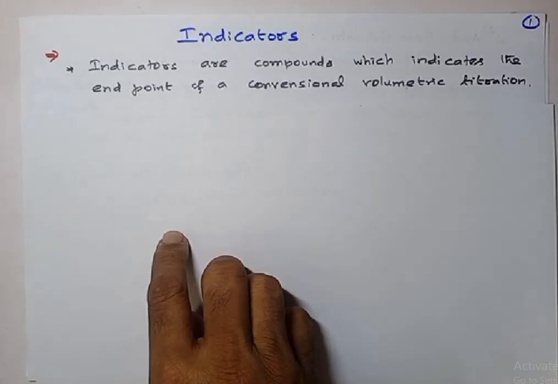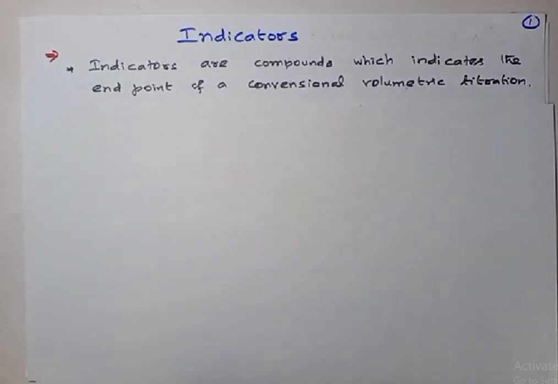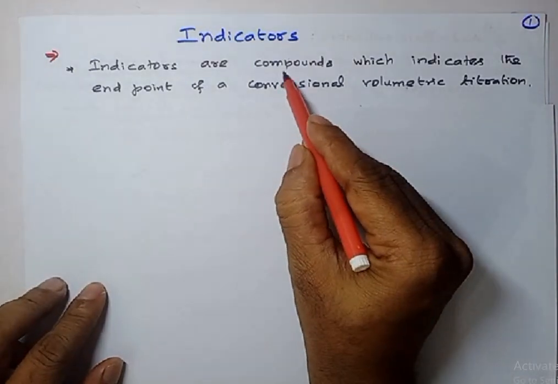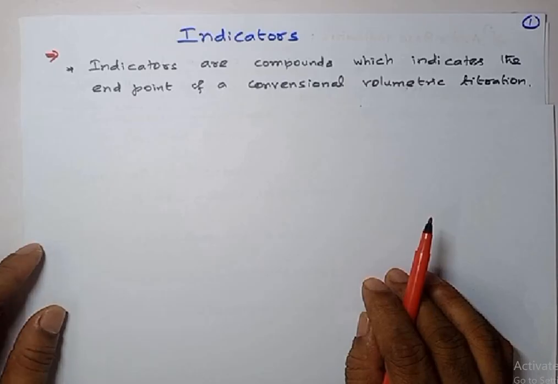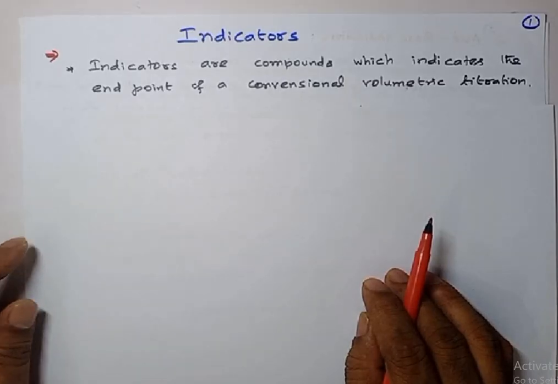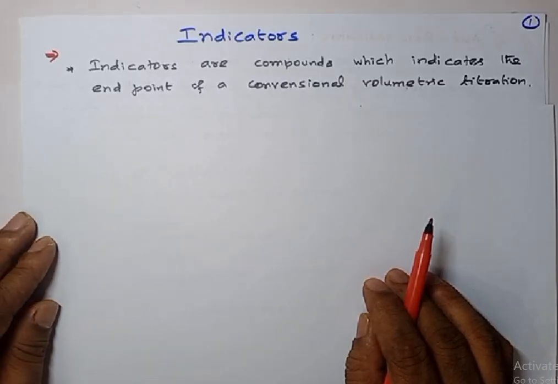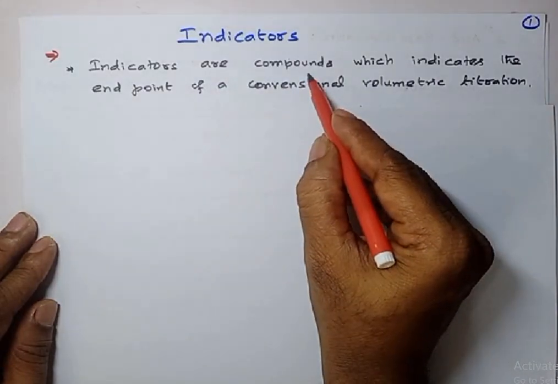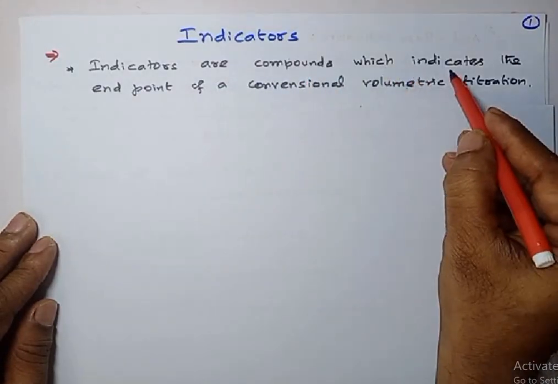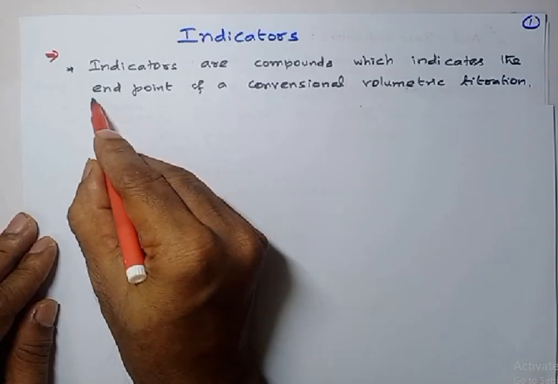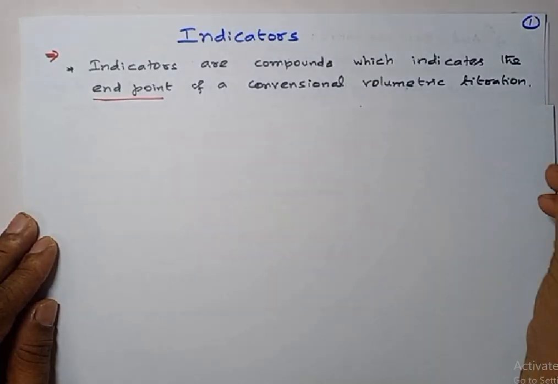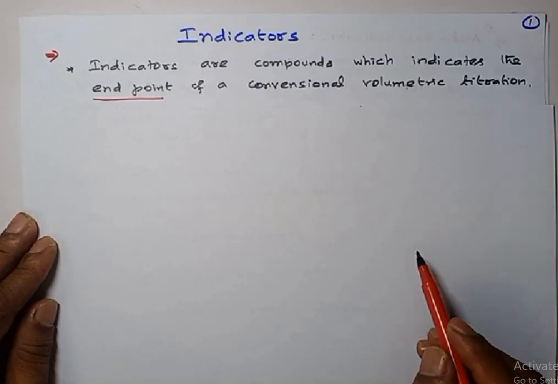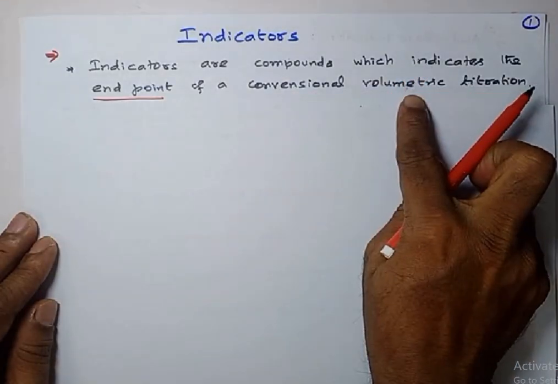Usually indicators are organic compounds, but there are inorganic compounds that also act as indicators. So indicators are compounds which indicate the end point of a conventional volumetric titration. Okay, what is conventional volumetric titration?